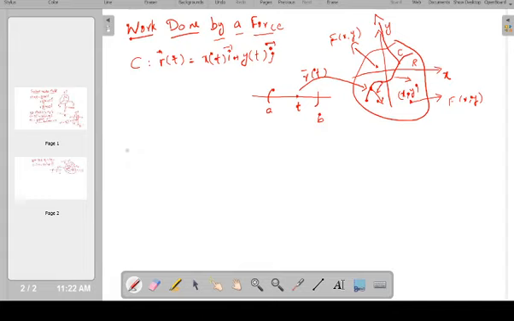That's what. So the work done in this case by a variable force is obtained by integrating.